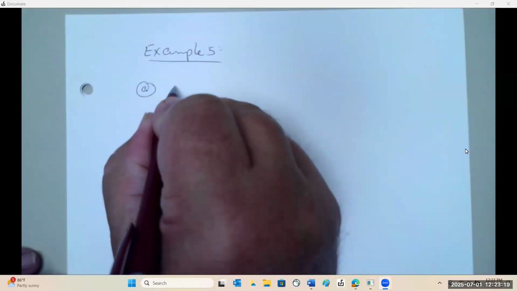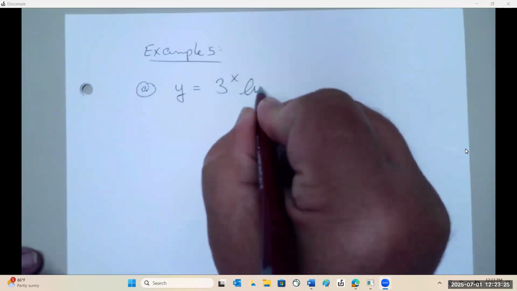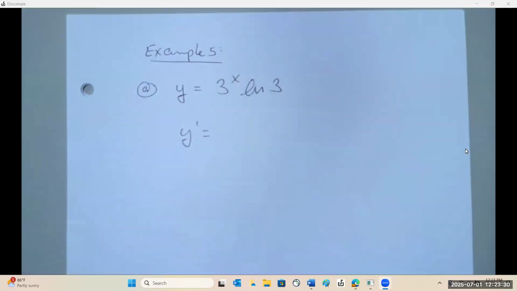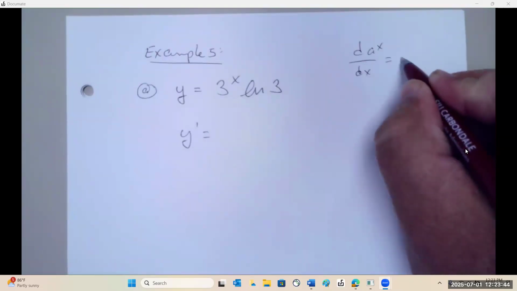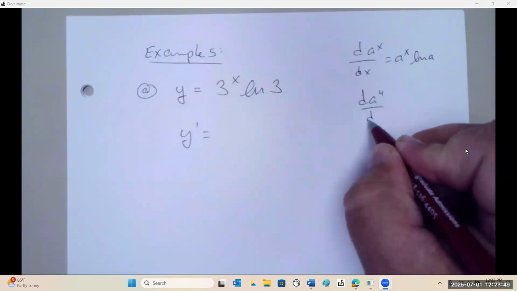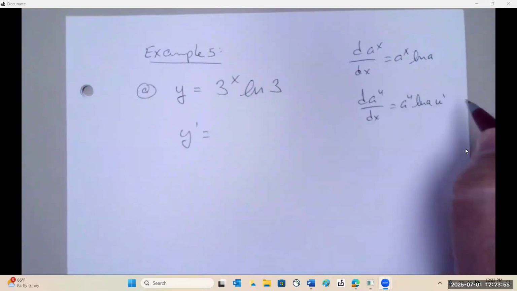Find the derivatives. If y is equal to 3 to the x, ln 3, what's the first derivative? Put our formulas down. So d of a to the x dx is a to the x ln a. d of a to the u dx is a to the u ln a times u prime.